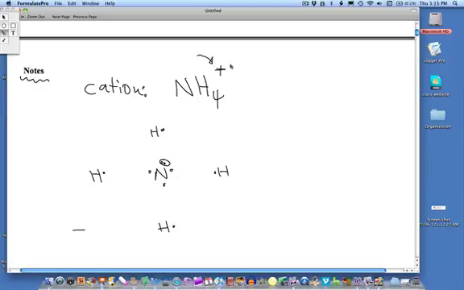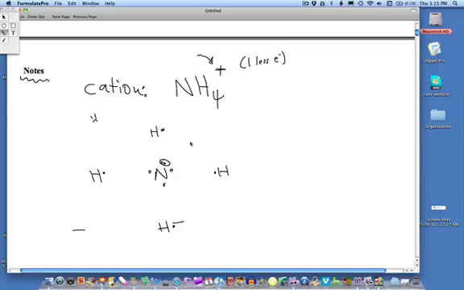Now this is a positive charge, so this means that ammonium has one less electron. So we have to remove a dot. Now let's think strategically about this. Are we going to remove a dot from hydrogen, or from nitrogen? We're not going to take one away from hydrogen, because then we'd lose all the hydrogens.